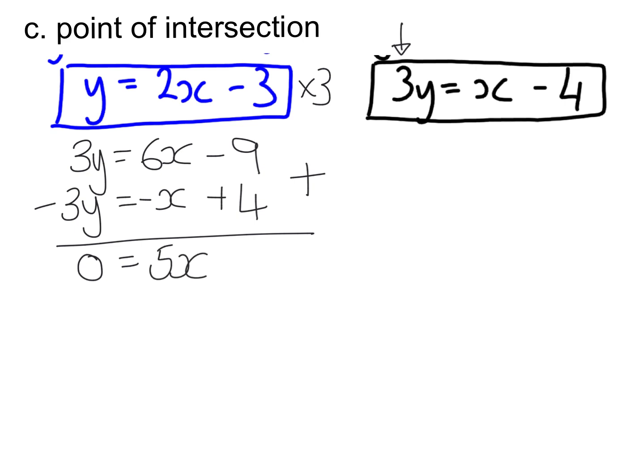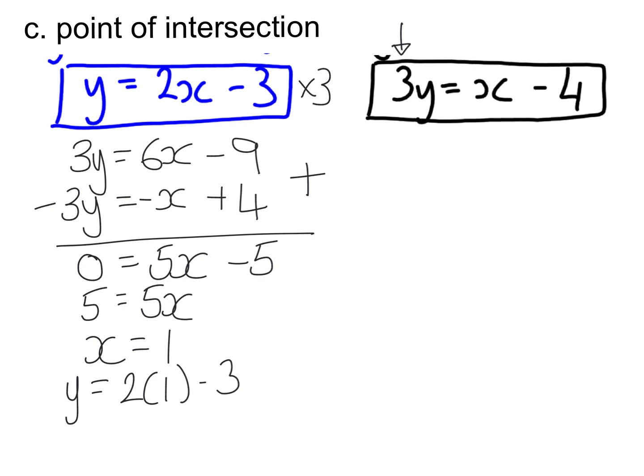Minus 9 plus 4 will give you a minus 5. Take that 5 over, you get 5 equals 5x, and x equals 1. From there, plug 1 back into one of the equations, so y equals 2 times 1 minus 3, which gives us y equals negative 1. So I think my point of intersection is 1, minus 1.